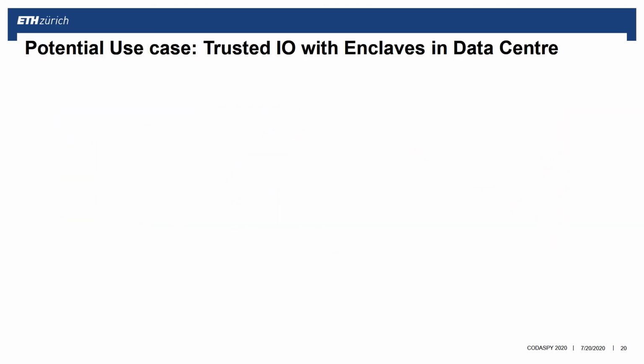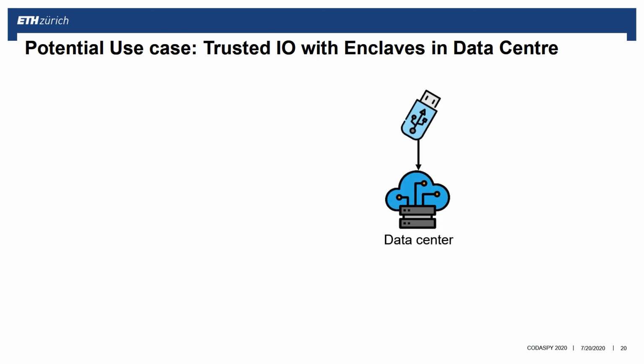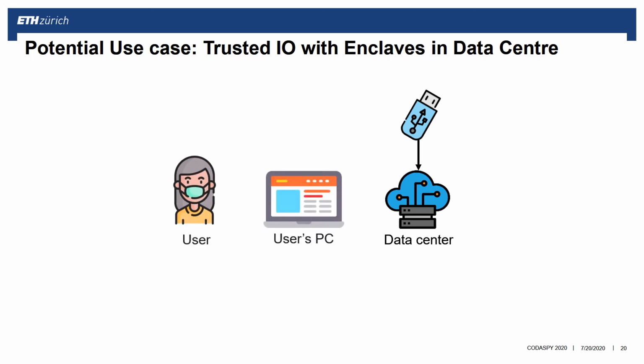We thought of several potential use cases where ProximiTEE could be used in the real world. For example, trusted IO with enclaves in a data center is an important feature. In a data center there are several SGX platforms, and you want to know that you are talking with a certain SGX platform, because maybe you are in Europe and want to abide by the GDPR. So you want to connect with a specific data center located inside Europe, not outside the continent.